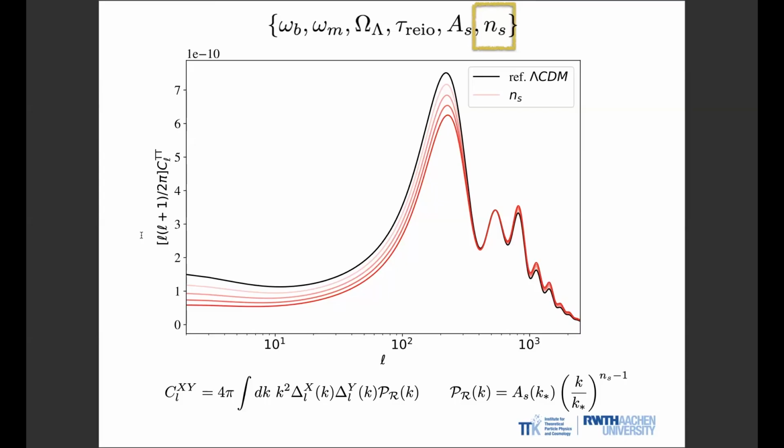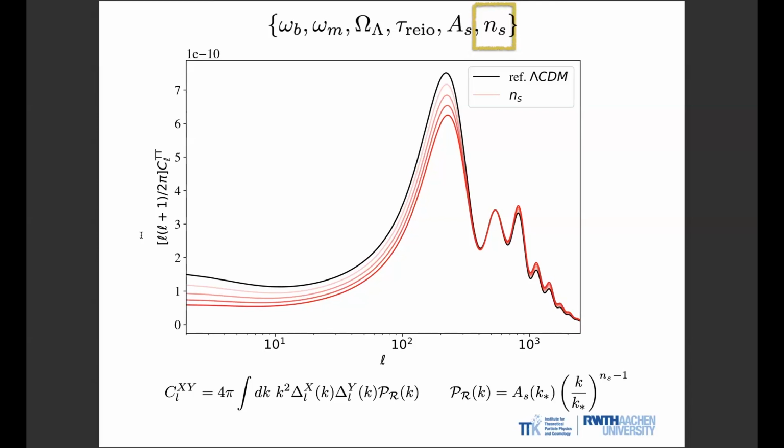Two remarks. First, in my plot, there is no effect in the middle. That's just due to an arbitrary choice of a pivot scale. When you parameterize your primordial curvature spectrum, you need to choose a pivot scale, which is a scale at which you decide that the amplitude is given by AS. And then this scale will naturally appear in this ratio, and it's really your choice.